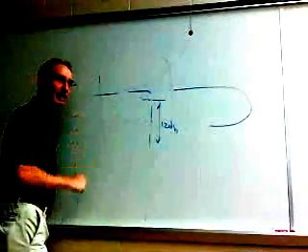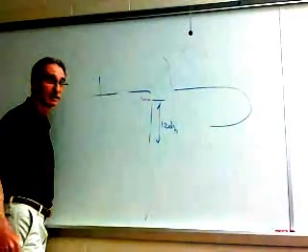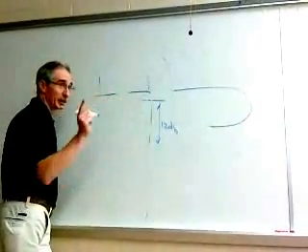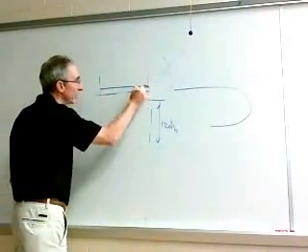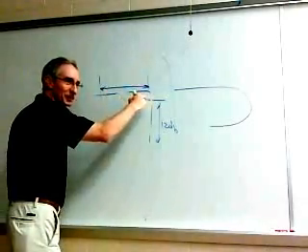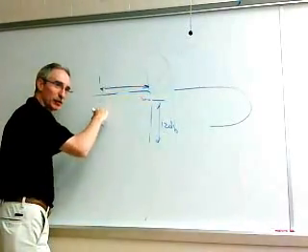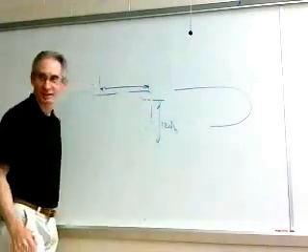When we calculate our development length for the hook, you know what we're calculating? Now, hang on to this. This is interesting. We are calculating the straight distance from the beginning of the hook to the turn of the hook.